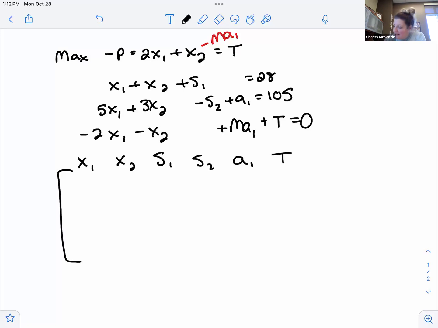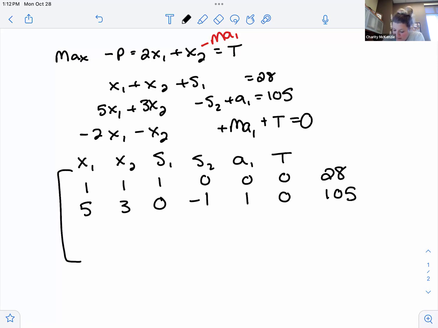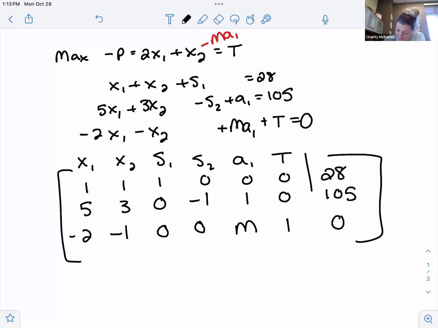So we're going to fill this in. This one will go 1, 1, 1, 0, 0, 0, 28. Okay, and then this one will go 5, 3, none of them here, but a negative 1 here and a 1 here, a 0 and a 105. Okay, then we have our negative 2, negative 1, 0, 0, 0, M, 1, 0. Okay, so that's our initial setup.